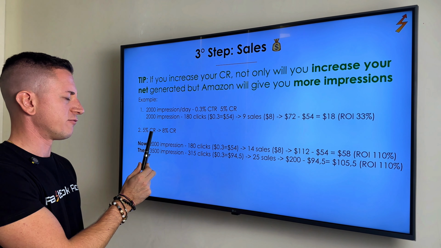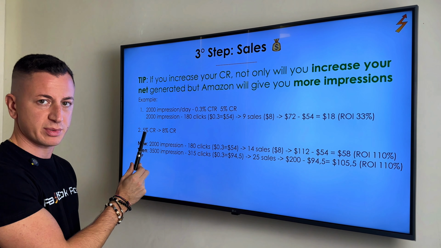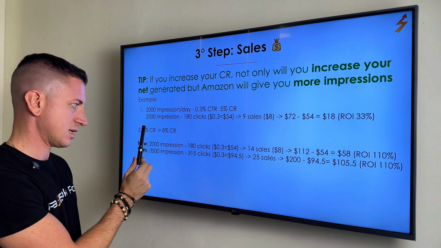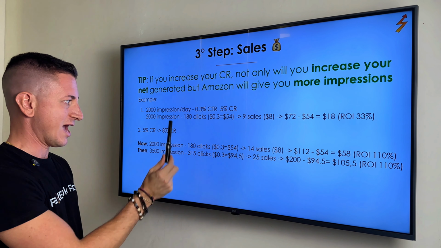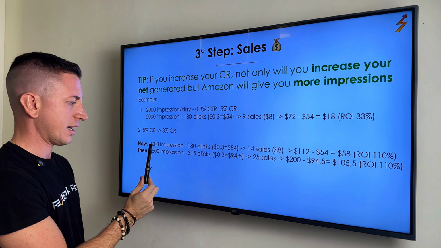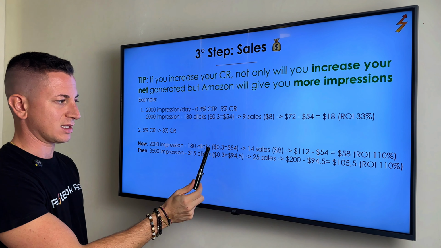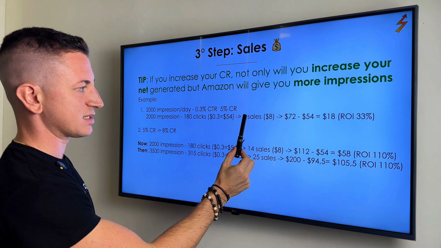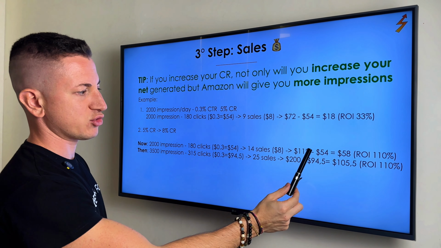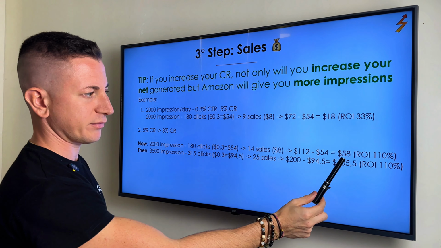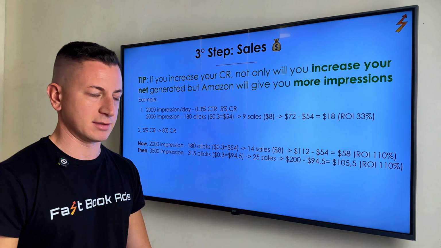If we improve our conversion rate, okay, and we increase it only by 3%, from 5% to 8%, with everything else the same, we have 2,000 impressions, 180 clicks, and instead of 9 sales, 14 sales, which means $112, net profit $58, with an ROI of 110%.